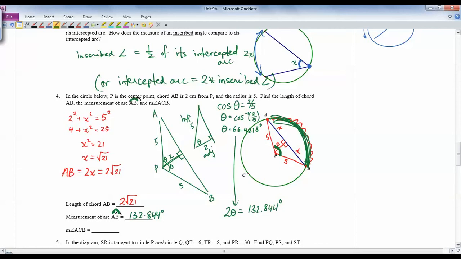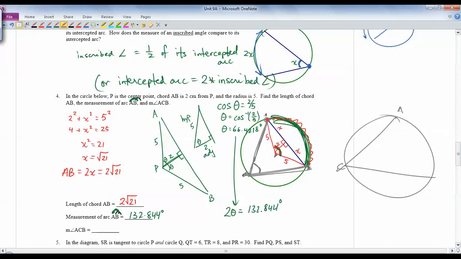Okay, the other question is, what's ACB? What's this angle? So here's A to C to B, right there. So we're looking for this angle. Now if I draw that angle by itself in the circle, ACB, we just figured out that this arc was 132.844 degrees.